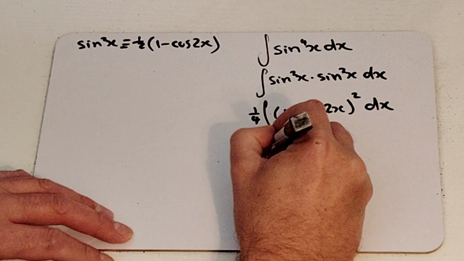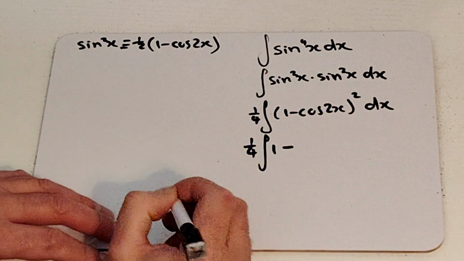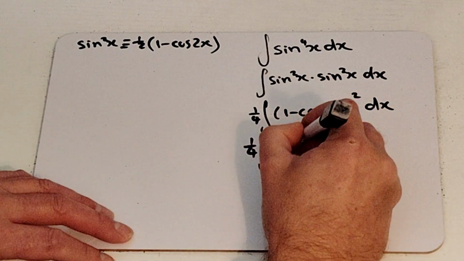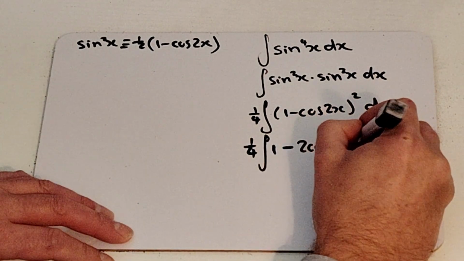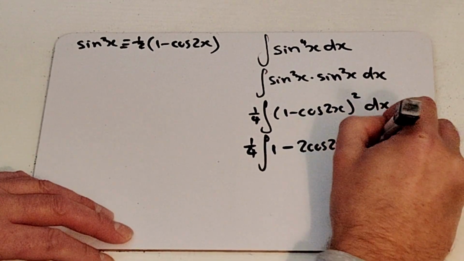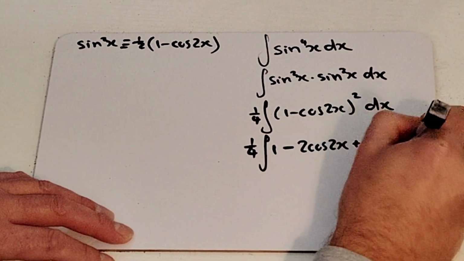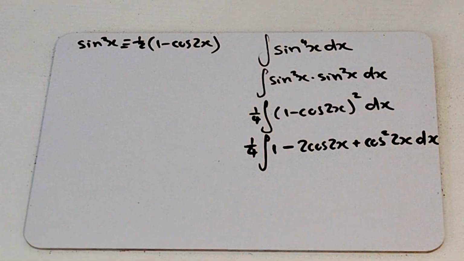So if I multiply 1 minus cos 2x out, expanding that, I end up with 1 times 1, minus 1 times cos 2x twice, so it's 2 cos 2x, and then negative cos 2x multiplied by itself, plus cos squared 2x dx.